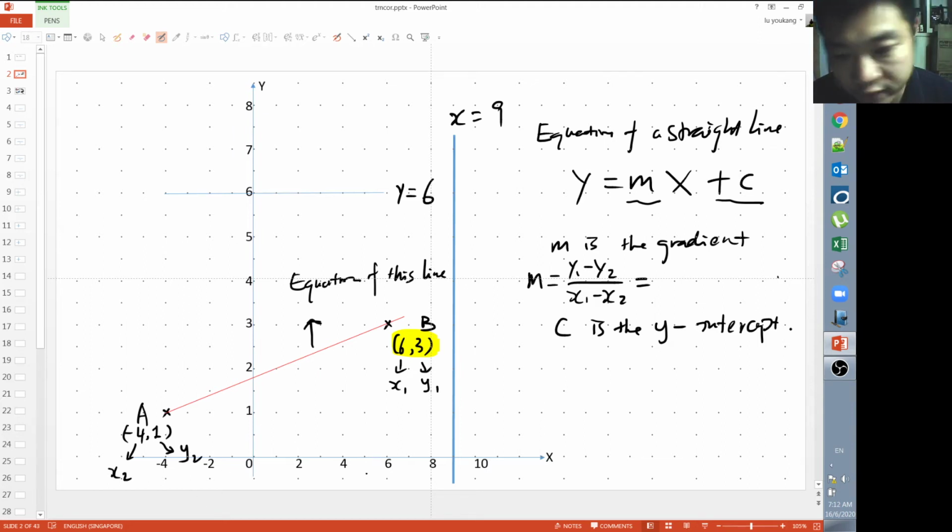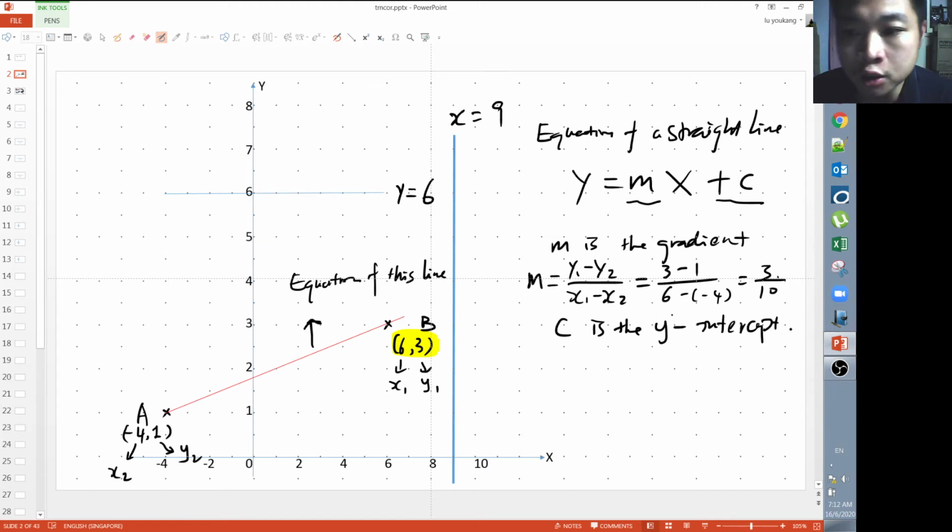Alright, so with this, I can find out the gradient of this straight line, right? So y1 is 3, y2 is 1, x1 is 6, x2 is minus 4, right? So you're supposed to get 3 over 10. Alright, so that will be the gradient.